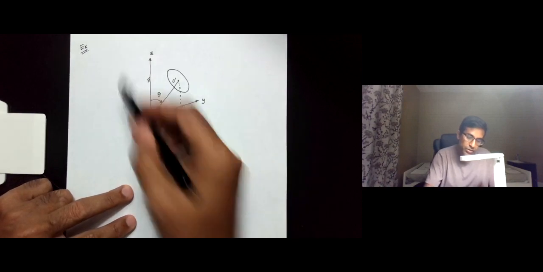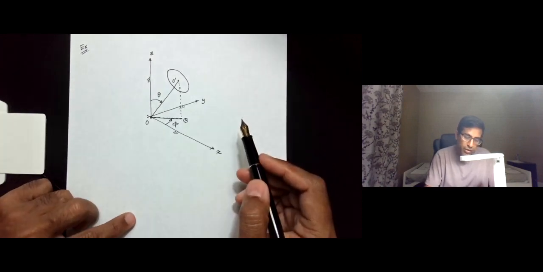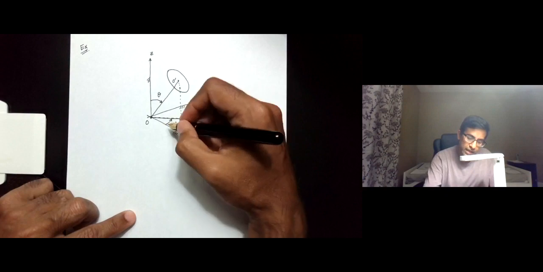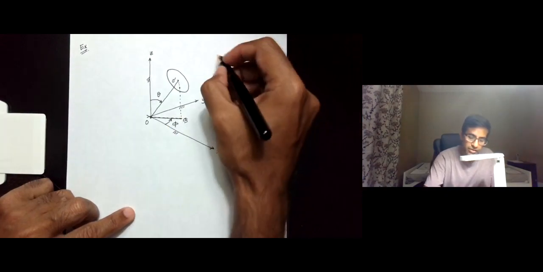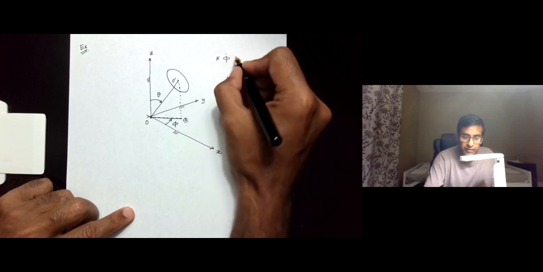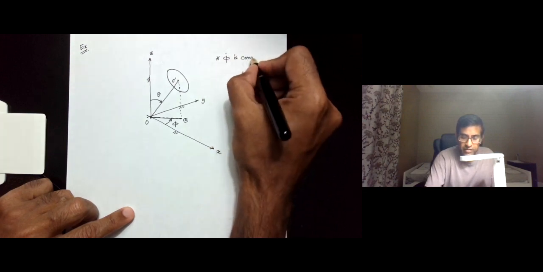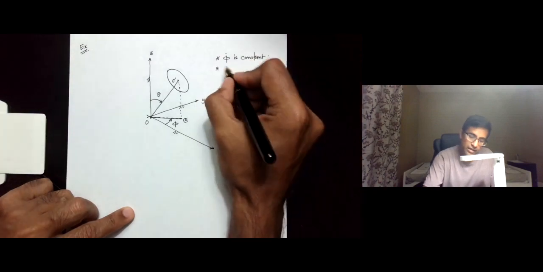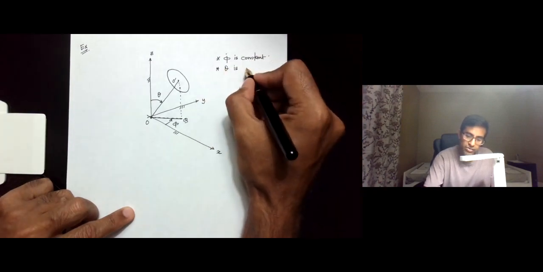Now we are going to use a spherical coordinate frame, and furthermore, let us say that this phi dot is a constant. So phi dot is constant and theta is also constant.